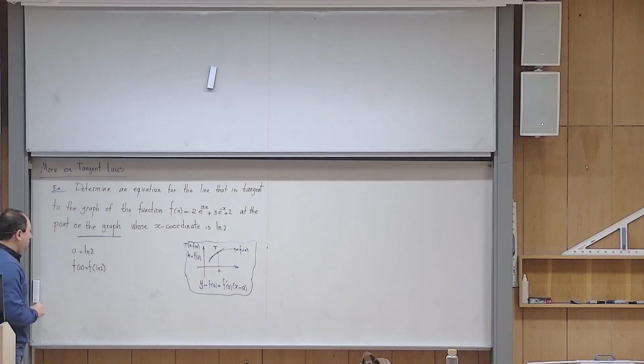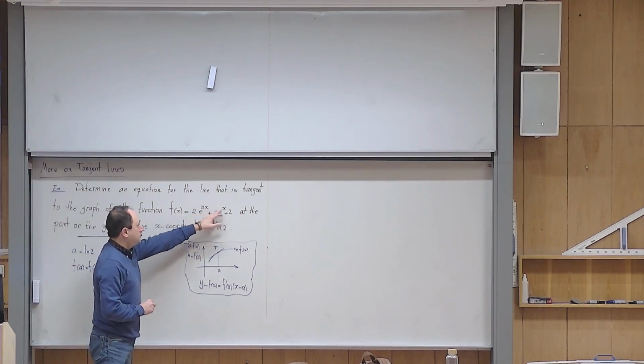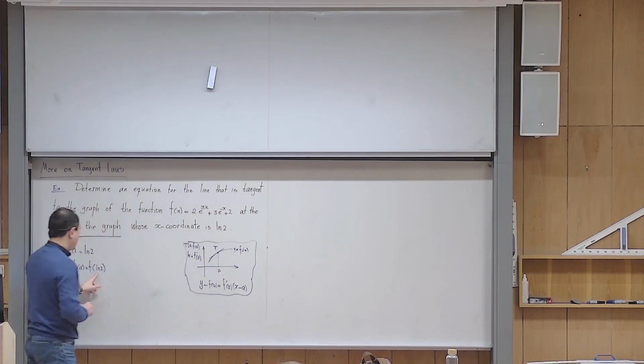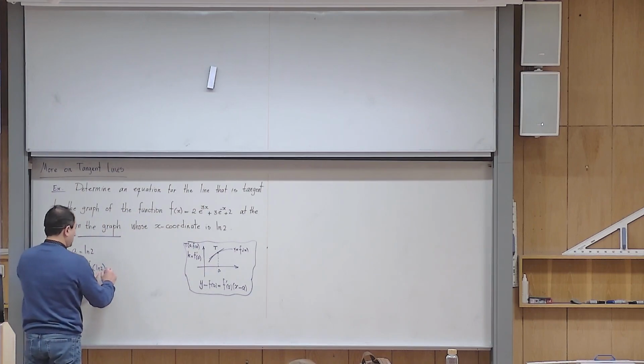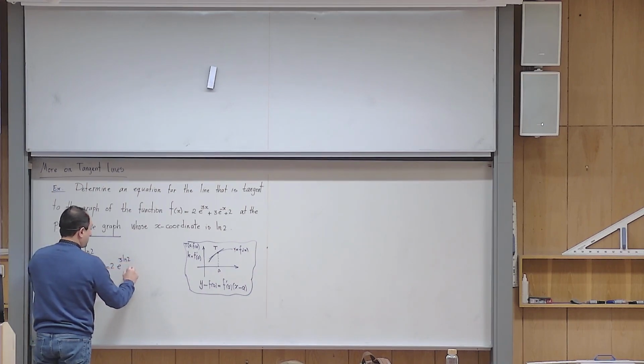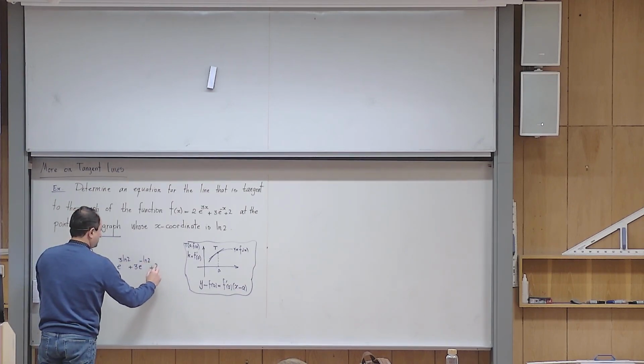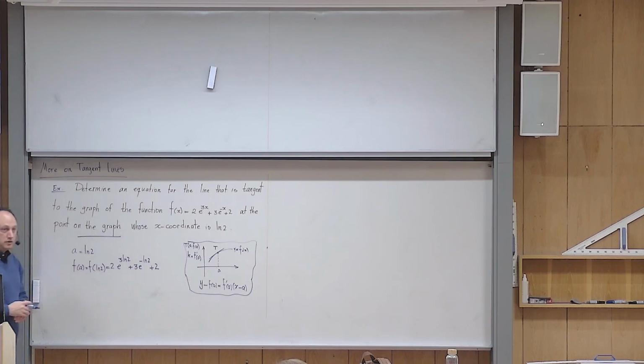So what does it mean? It means that I have to go to my function and replace the input x with this new value. So it becomes 2e to the power of 3 ln of 2 plus 3e to the power of minus ln of 2, and then plus 2. This is my f of a.